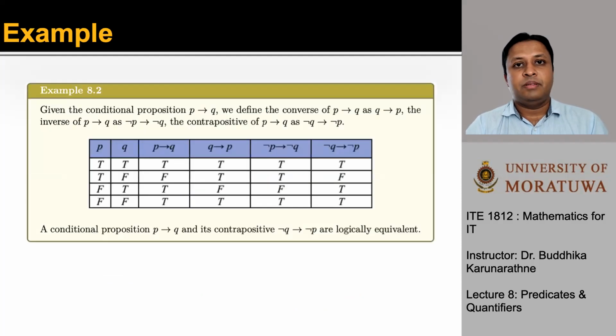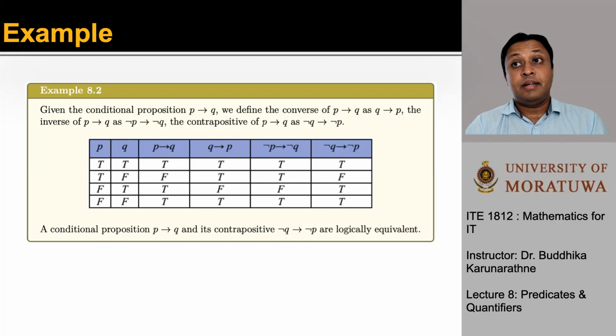Take an example on this. Given the conditional proposition P implies Q, we define the converse of P implies Q as Q implies P, the other way around. The inverse of P implies Q as negation of P implies negation of Q. So converse versus inverse.